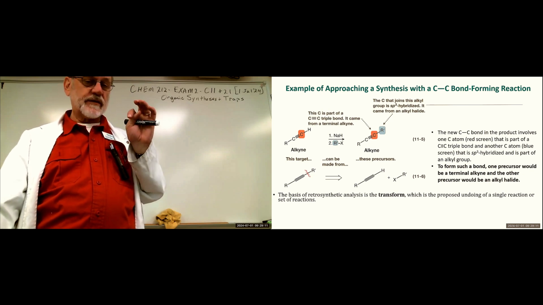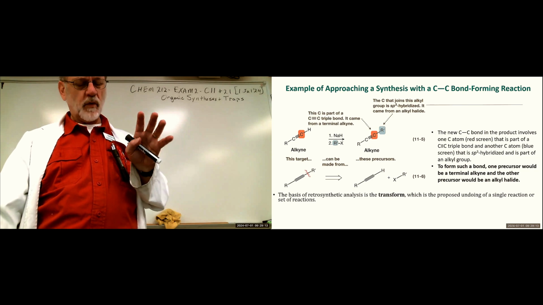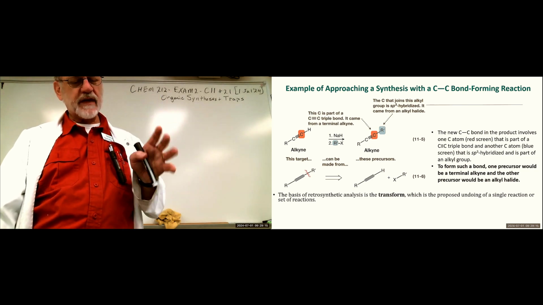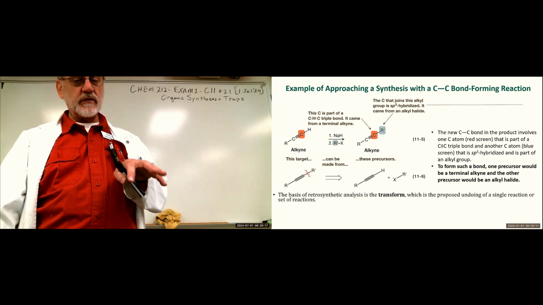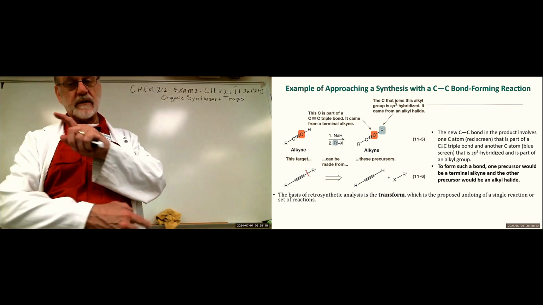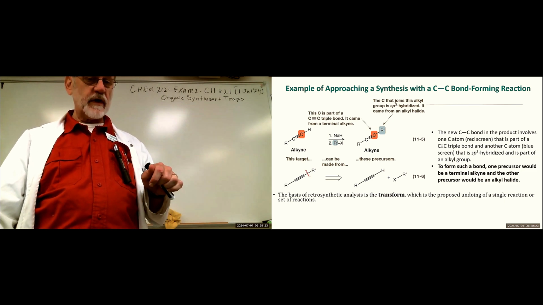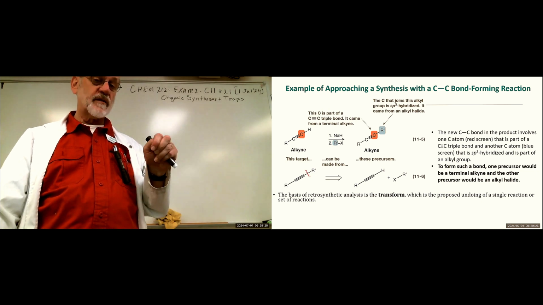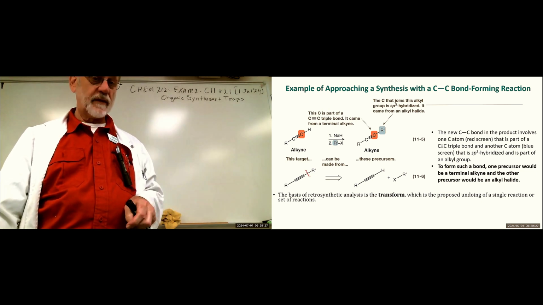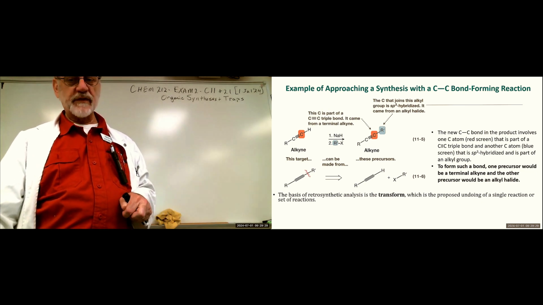So the basis of this method is that once you've got the retrosynthetic analysis done, you go through a transform where you just flip it around. And now the products of the retrosynthetic analysis become the precursors for the actual synthesis.